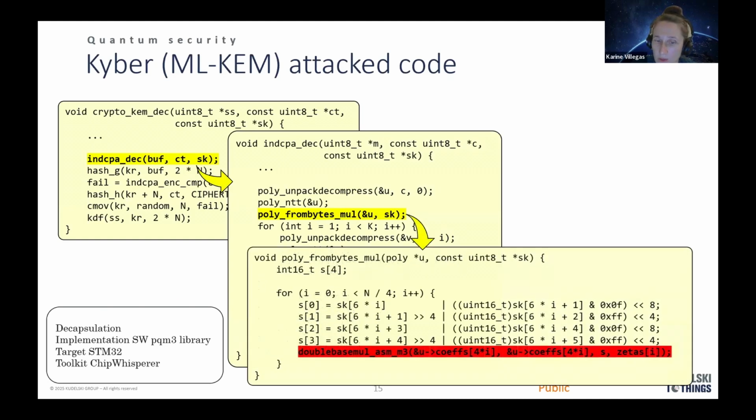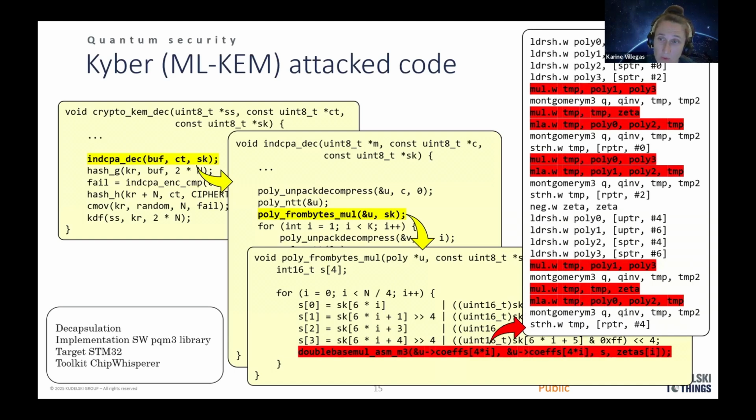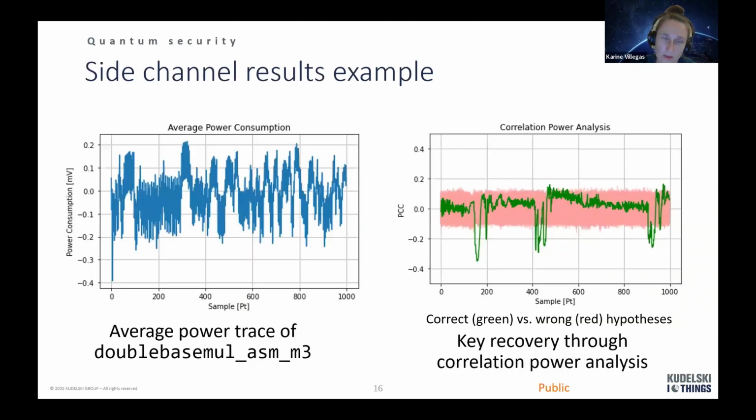And we have to handle modular operations between coefficients, which leads to observing many points of interest in the execution and collecting power analysis. We can perform correlation power analysis, and on the right side, in the green traces, you see when we made the correct hypothesis on the keys, and with the red traces when we had the wrong hypothesis.